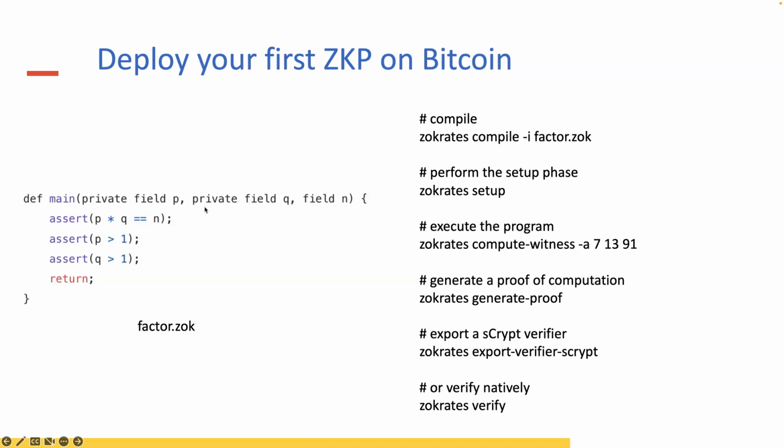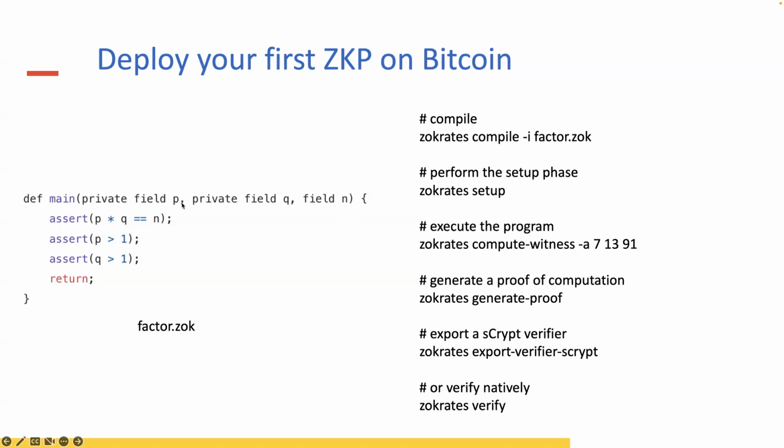But the key thing to note here is the qualifier private. If there's no private in front of a parameter, it's public by default, so this is going to be the public input. All these three are inputs.